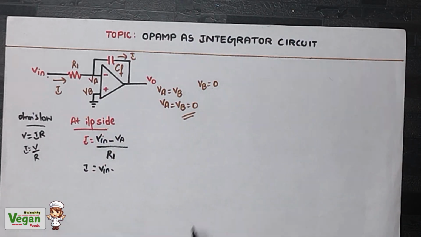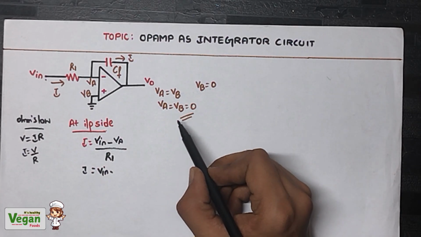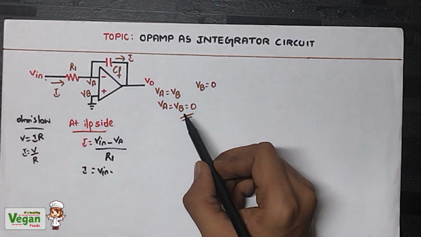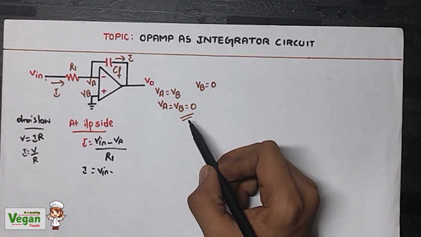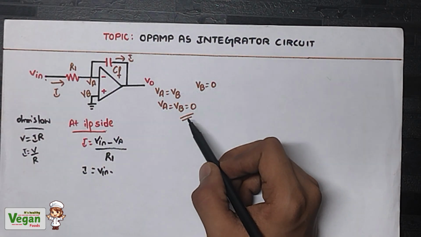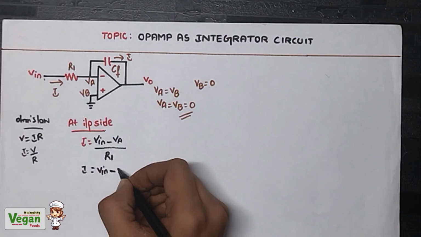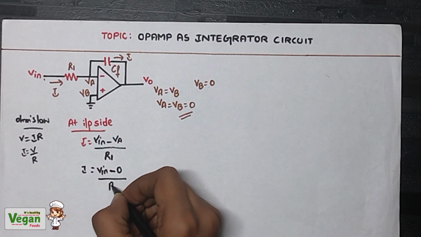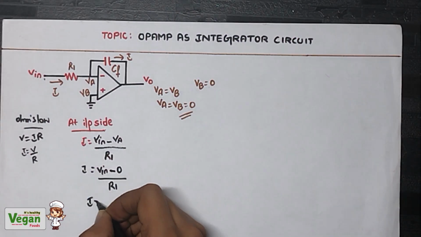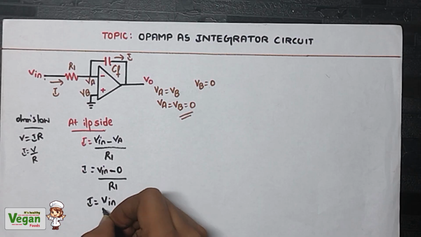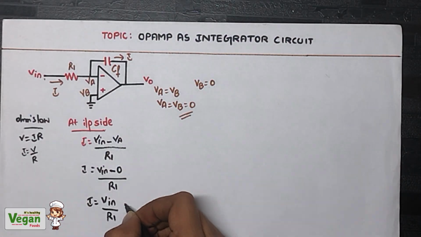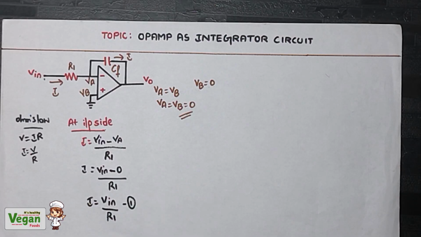What is the value of VA? VA value is equal to VB. VB is grounded, therefore VB value is equal to 0. Therefore VA value will also be 0. So Vin minus 0 divided by R1. Therefore what is left? I is equal to input voltage Vin divided by R1. Let's call this equation number 1.